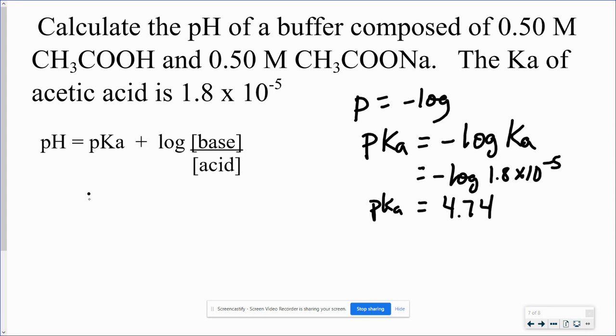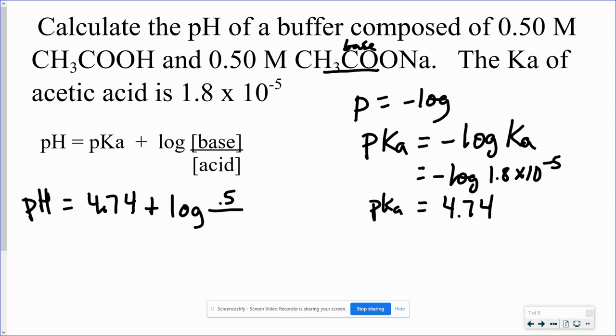We plug that in, 4.74, plus the log of the concentration of the base. This is the base, and it's 0.5 molar. And this is the acid, also 0.5 molar.